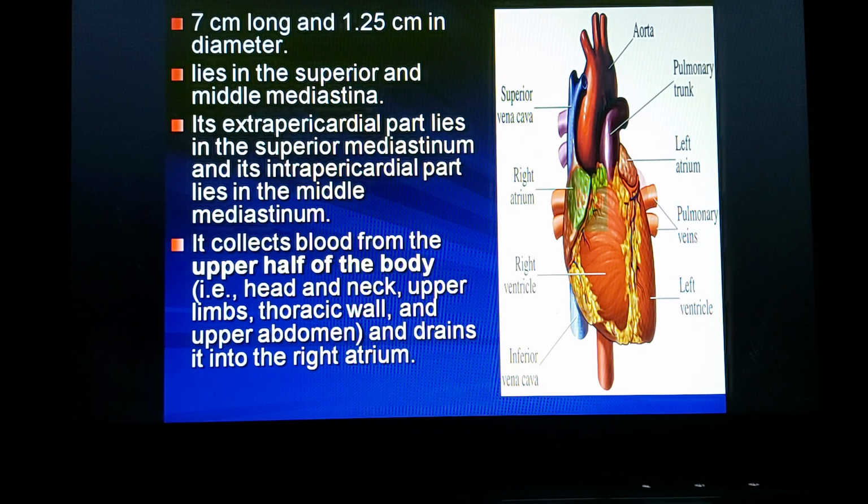It collects blood from the upper half of the body and drains it into the right atrium. What are the parts included within the upper half of the body? That is head and neck, upper limbs, thoracic wall and upper abdomen.